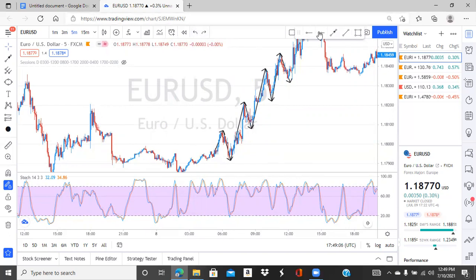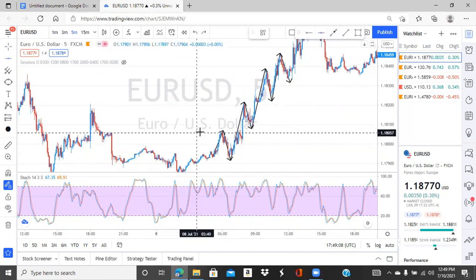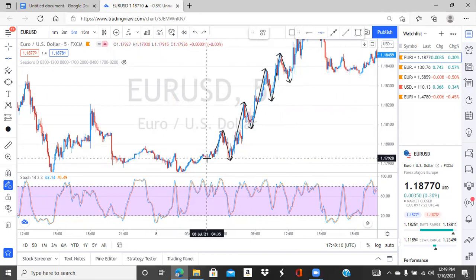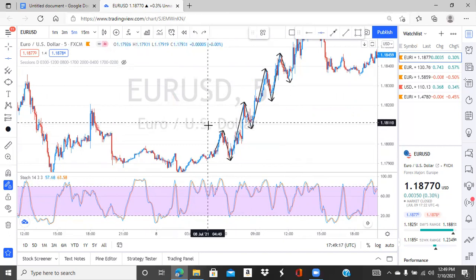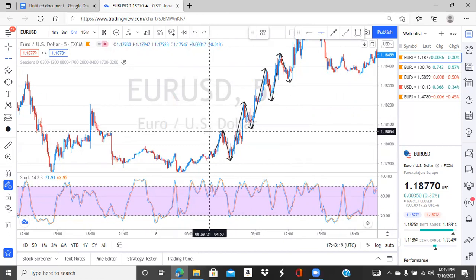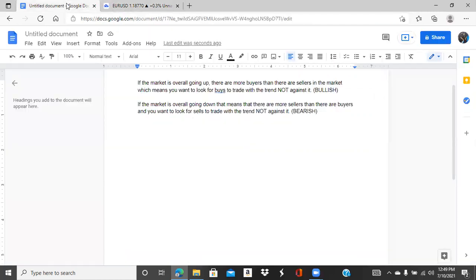Watch this. So this level of resistance right here, because whenever the market gets exhausted in an uptrend, that is its resistance, okay? Just remember me saying this right here.